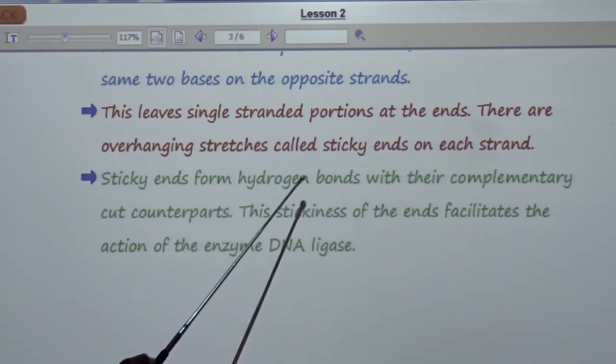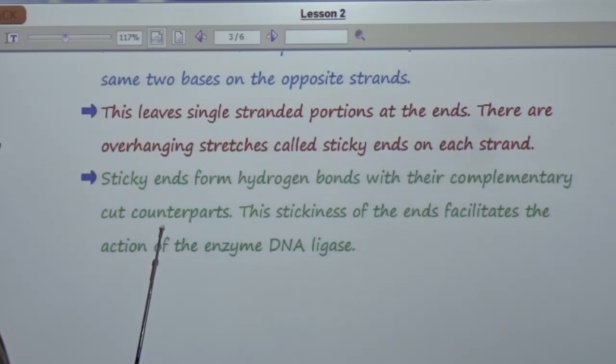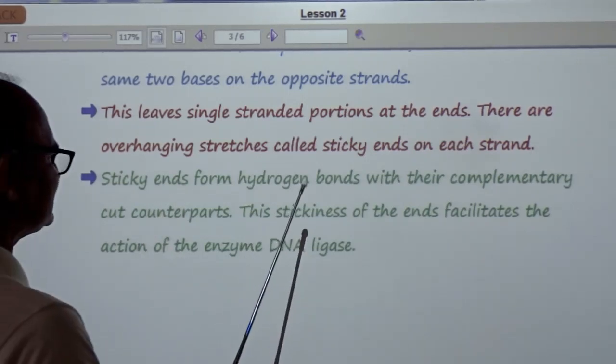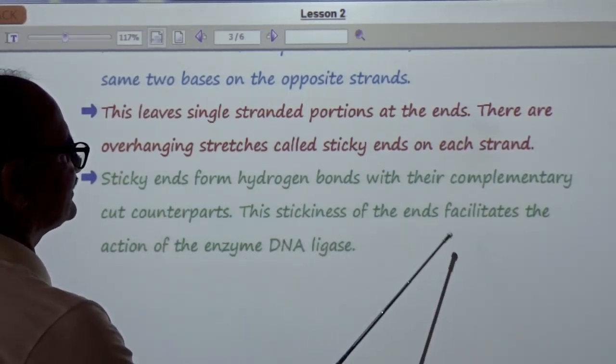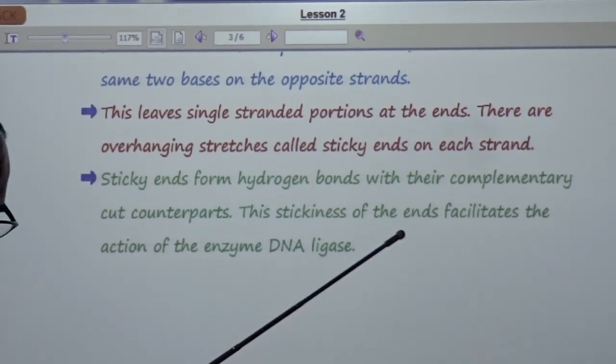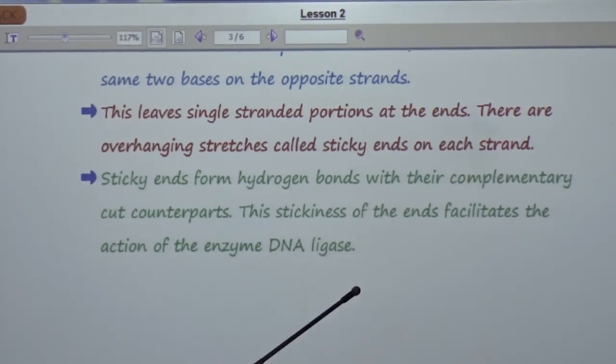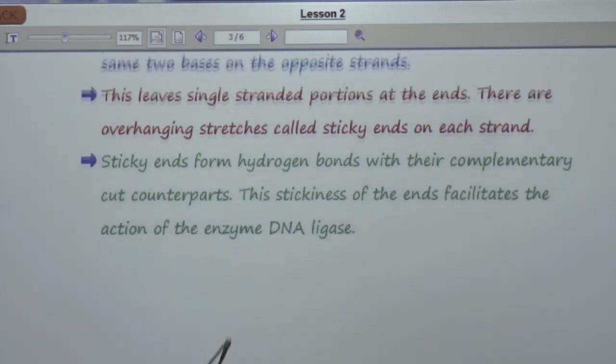Sticky ends form hydrogen bonds with their complementary cut counterparts. This stickiness of the ends facilitates the action of the enzyme DNA ligase, an enzyme which can seal the broken pieces of the DNA molecule.